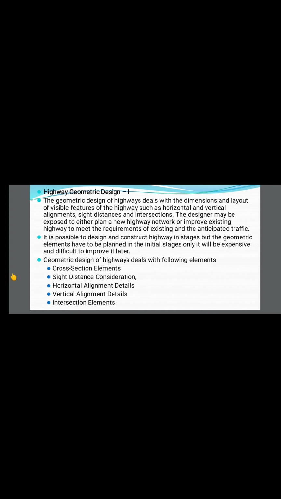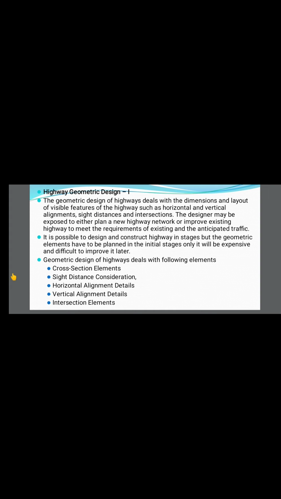This highway geometric design deals with the dimensions and layout of the features of the highway, such as the horizontal and vertical alignments. In the geometric design of a highway, the things involved are the horizontal alignment of the road, vertical alignment of the road, side distance, that is stopping side distance and overtaking side distance, and intersections.